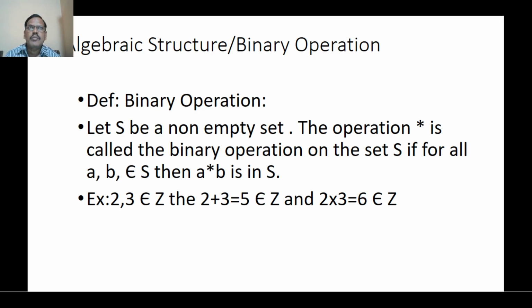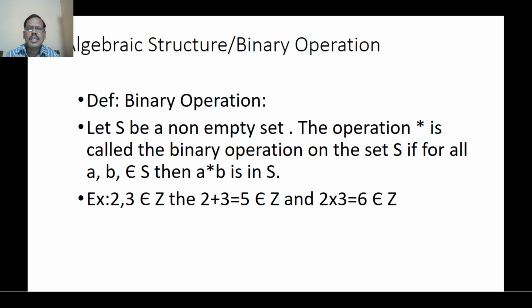If you take minus 3 and plus 5 and multiply, you get minus 15, that is also an integer. If you take minus 5 and minus 10, that is plus 50, that is also an integer. If you take 0 and 10, 0 into 10 is equal to 0, that is also an integer.